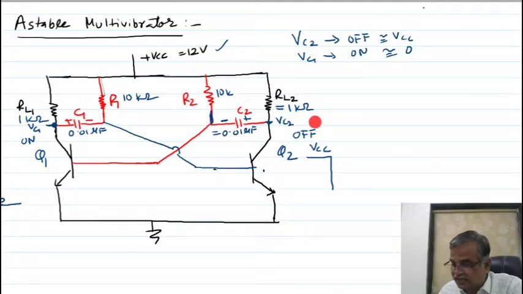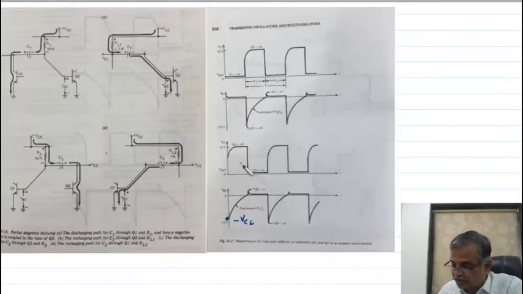As a result, transistor Q2 comes in the off condition, that we are showing by this path. And this is your voltage at capacitor C1. How much? Minus VCC. And this capacitor C1 gets discharged through R1 and transistor Q1.